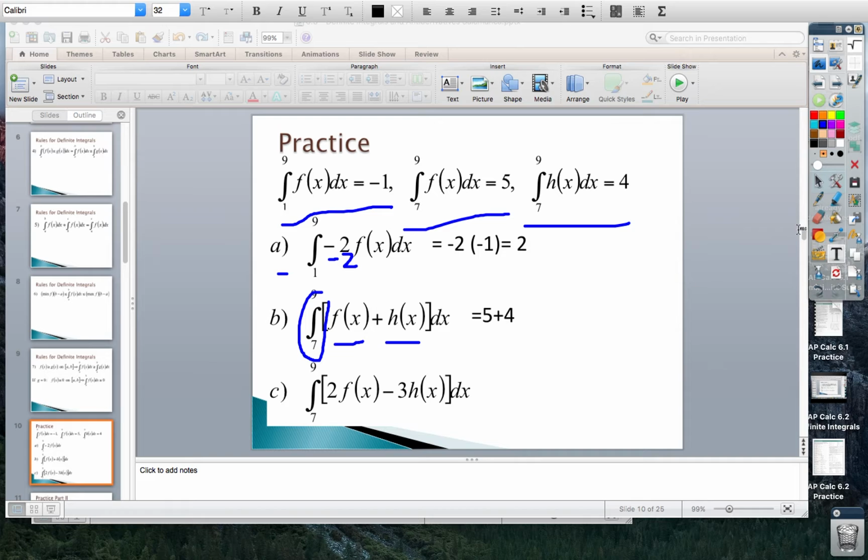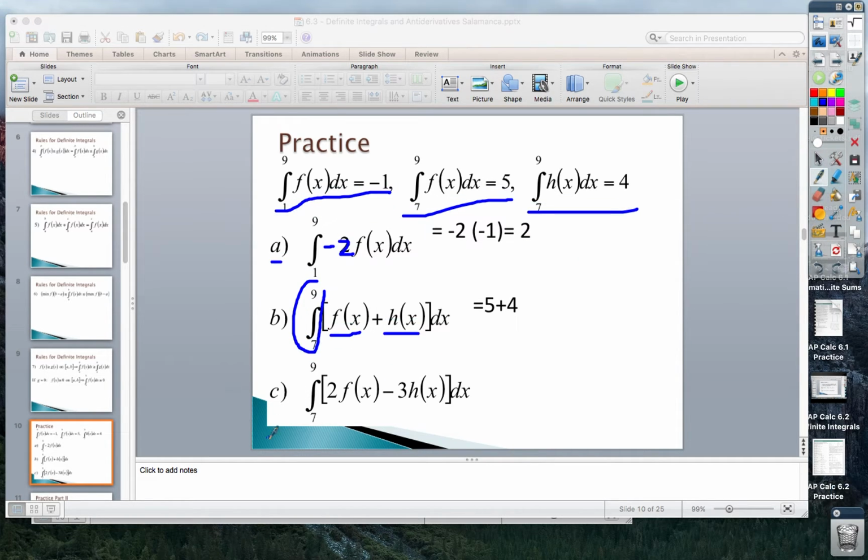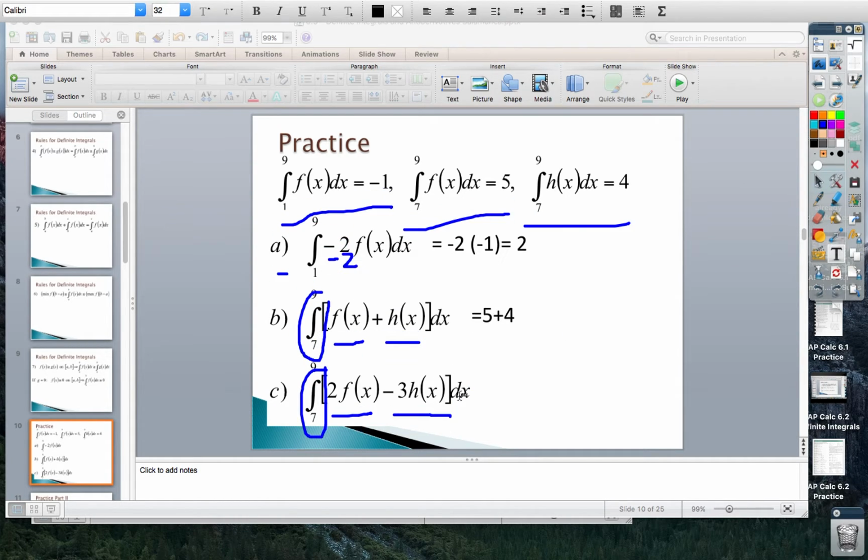Let's take a look at letter C. C has the same integral here, 7 to 9, of 2 times f of x minus 3 times h of x. So we basically have 2 times the integral of f of x minus 3 times the integral of h of x.